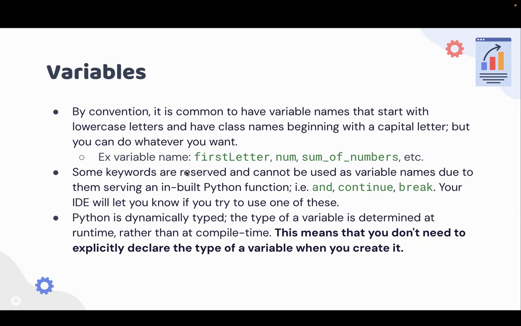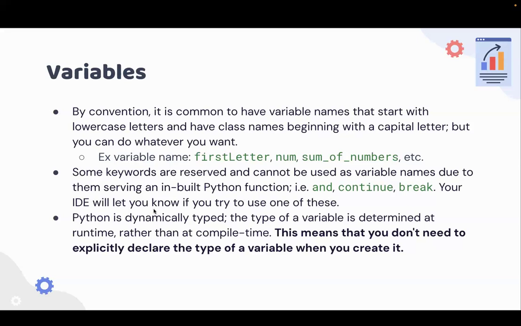Some keywords are reserved and cannot be used as variable names because they serve as built-in Python functions. For example, and, continue, break. If you make a variable name with these, it will yell at you and ask you to change it to something else.